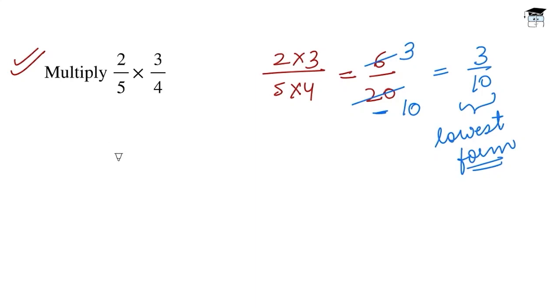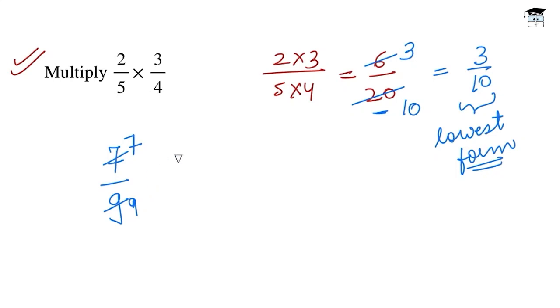Now you have to find if this number is in the lowest form or not. Now just think and write down the answer. Yes, this fraction is in the lowest form because 7 and 9 do not cancel, because these numbers are only divisible by 1 and no other number.